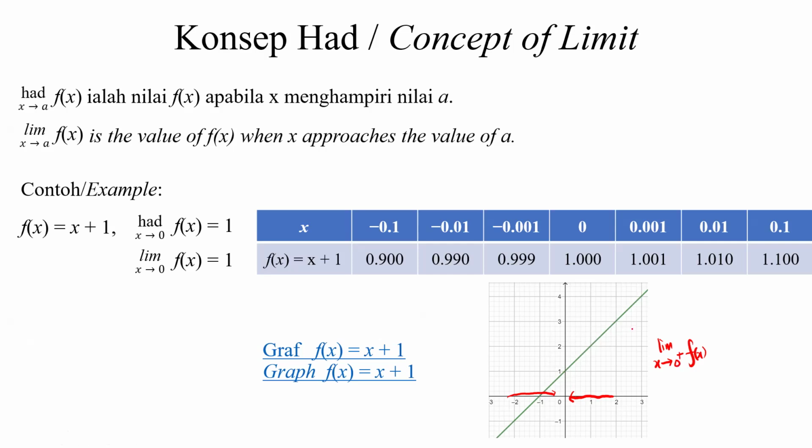Okay, from the right, you will notice that the y value goes from 2 to 1 point something, until you come to this point that is 1. If you go the other way round, the value of f(x) as x approaches 0 from the left, okay, when x goes from the left, your y value along this line gets closer and closer to 1 also.